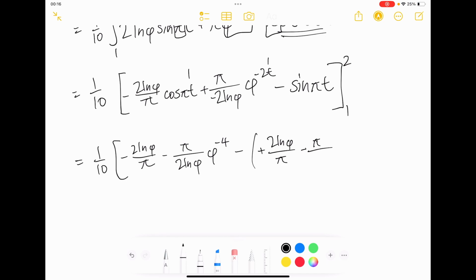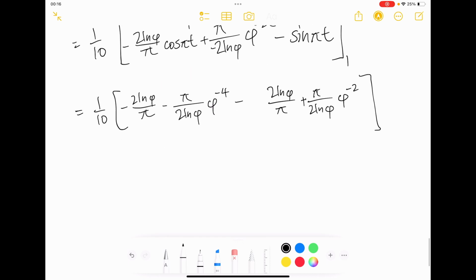We're going to get pi over 2 natural log phi to the -2, and sine pi is 0, so that's -0. And distributing the sign, so that's going to be minus, that's going to turn to a plus, and there we go.